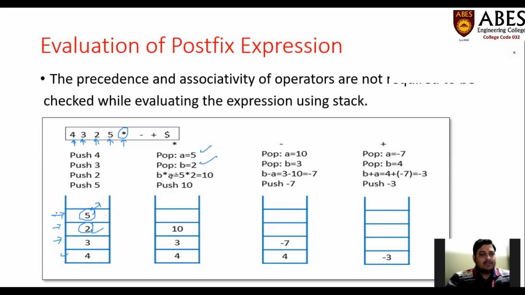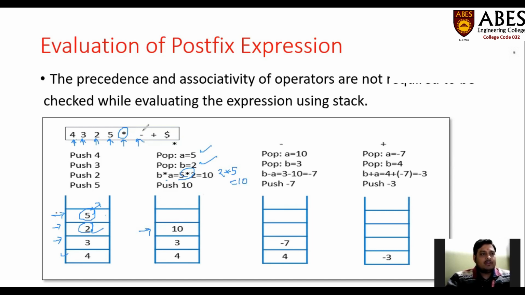After that, we perform B operation A. The operator is multiplication, B is 2 and A is 5. Here, this is a typing mistake. So we'll write 2 into 5, that is 10, and push this result again onto the stack. After doing this, this is the status of the stack.